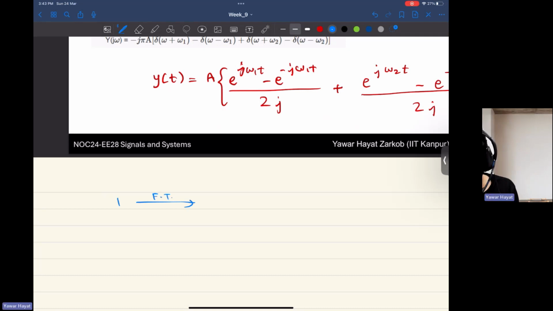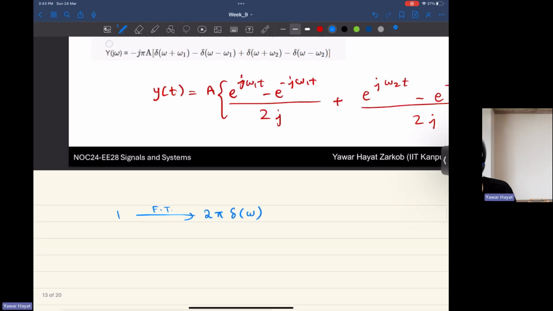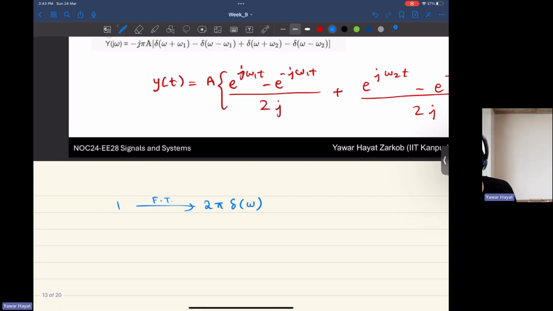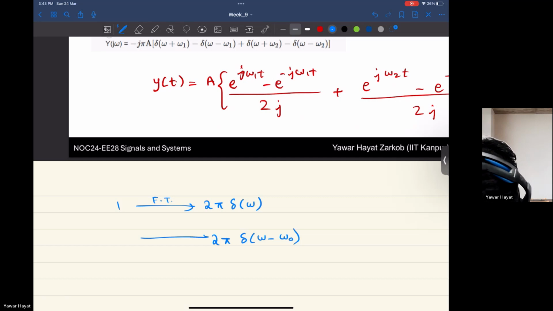Fourier transform of 1 is 2 pi delta of omega. Very simple result. So I hope you all remember the frequency shifting property of the Fourier transform, right? If I shift by omega naught, what will happen to the time domain signal? It will be multiplied by e to the power j omega naught t.